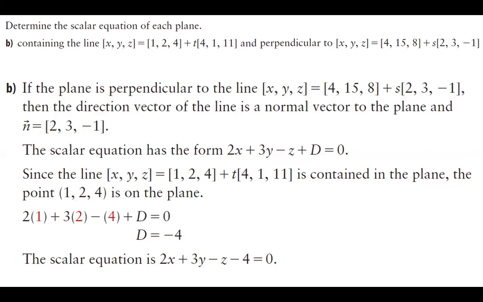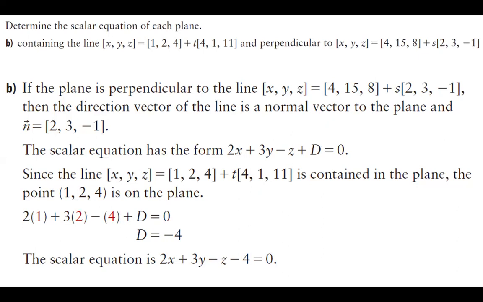Since the line (x, y, z) equals (1, 2, 4) plus t times (4, 1, 11) is contained in that plane, every point of that line is contained in that plane, right? So we know the point (1, 2, 4) must be on that plane because (1, 2, 4) is the position vector of a point on that line.